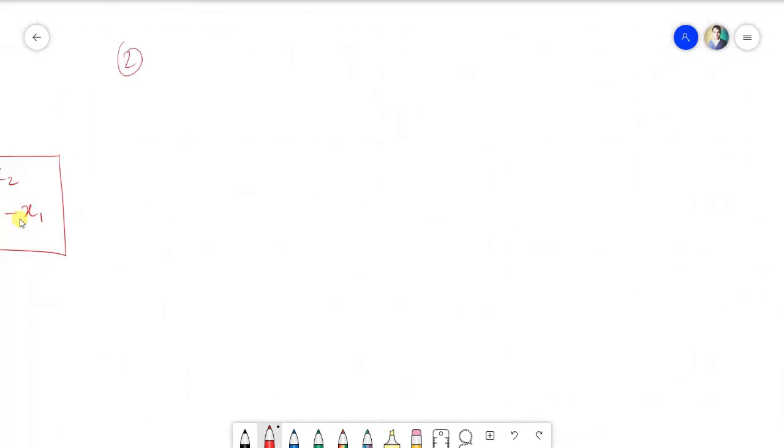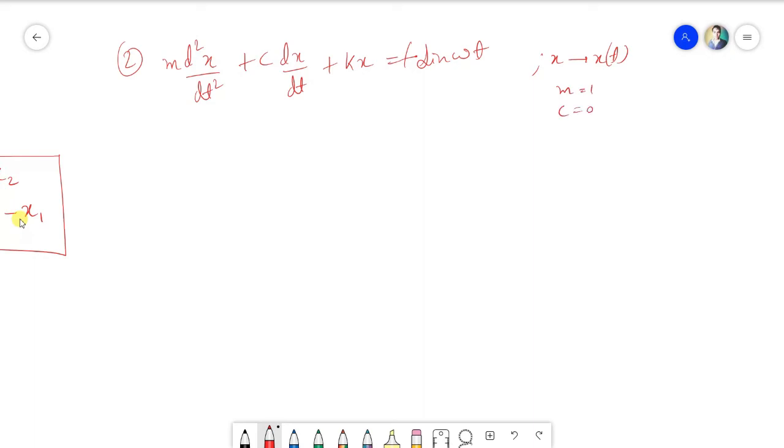So the second problem was m d square x by dt square plus c dx by dt plus kx is equal to f sine omega t, where x is a function of time and the given conditions are m equals to 1, c is equal to 0.2, k equals 1 and f is also equal to 1.